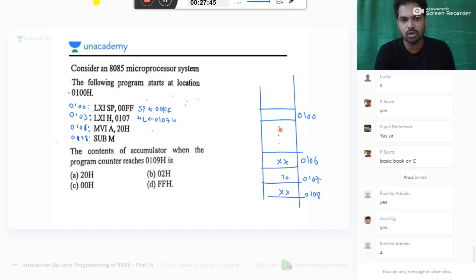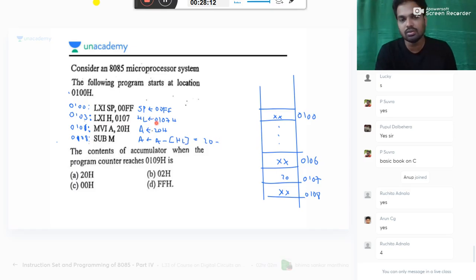Like that, this is how you have filled this memory. Now as per the examiner, MVI A comma 20, A will be loaded with 20 hexadecimal. Then SUB M, that is A will be A minus contents of HL register pair memory.